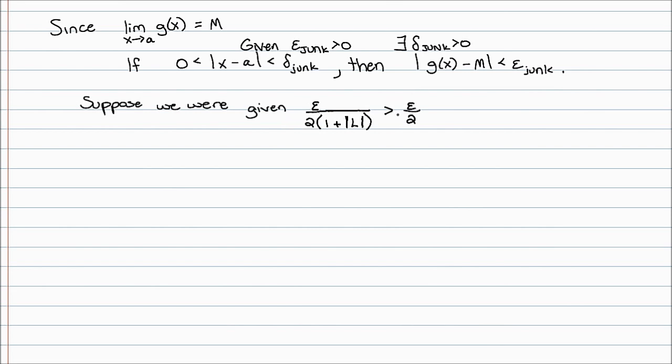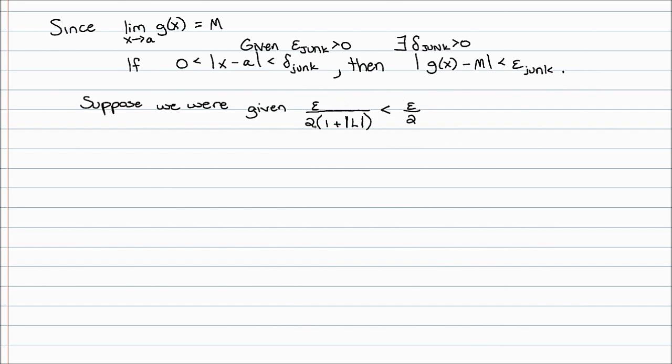Oh, I'm sorry. Once I said that, I realized that is not correct. It should be less than. Anyway, so we're given epsilon over the quantity 2 times 1 plus the absolute value of L, which is definitely less than epsilon over 2. Okay, just plug in any number for L that you want, you'll get epsilon over some number larger than 2, and that, as a fraction, is smaller than epsilon over 2 itself.